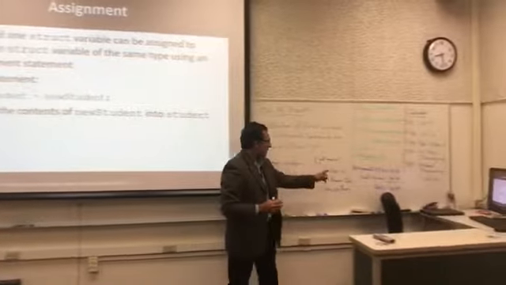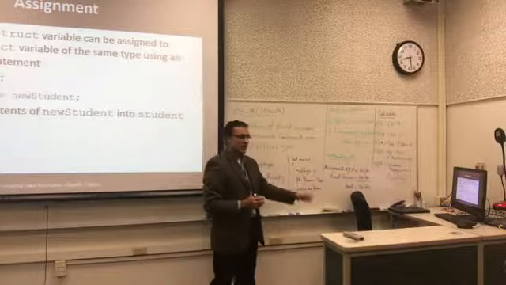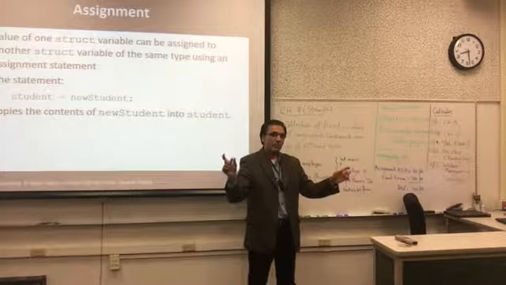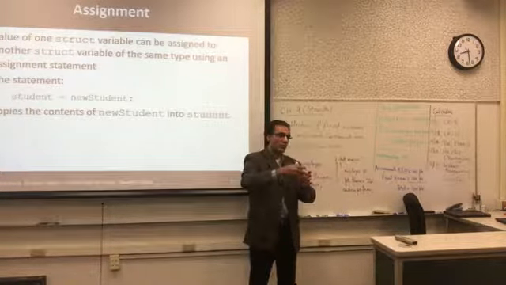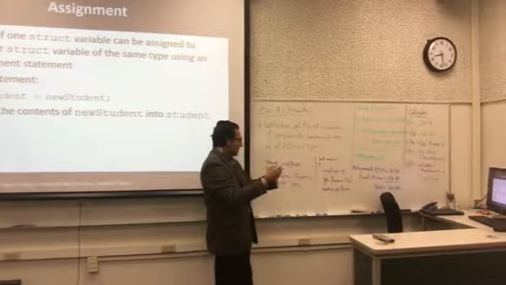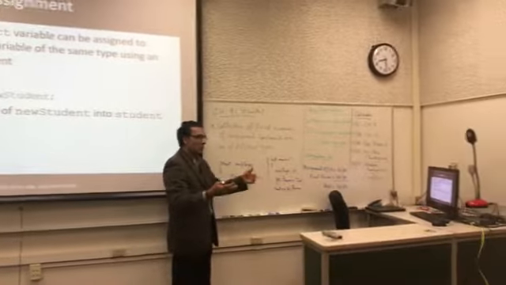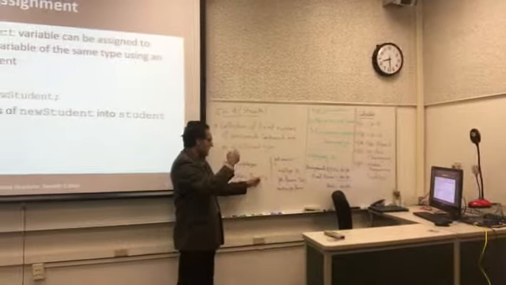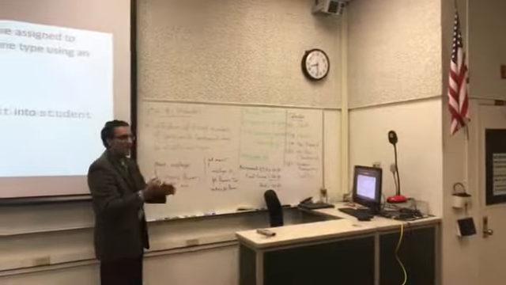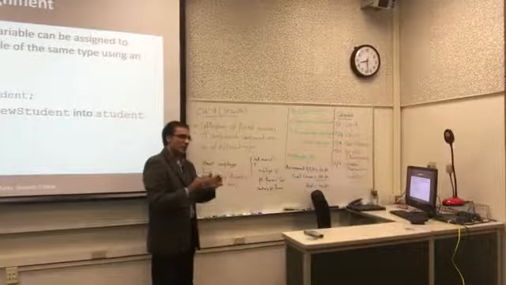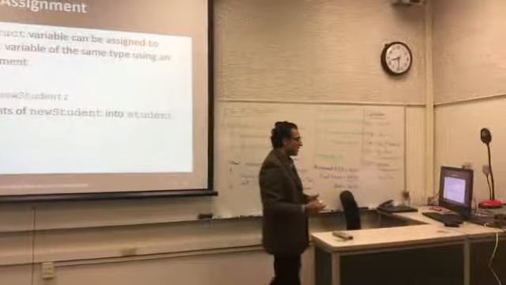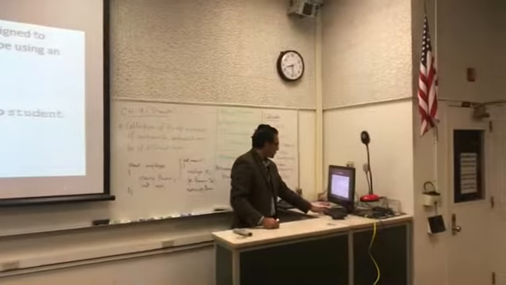So if I have part-time 1 and part-time 2, and I say part-time 1 equals part-time 2, the contents of part-time 2 will be assigned to part-time 1. It copies one member at a time. We'll see in a slide, it takes the first name from part-time 2 and assigns it to part-time 1. It takes the age of part-time 2 and assigns it to part-time 1. It copies that way.